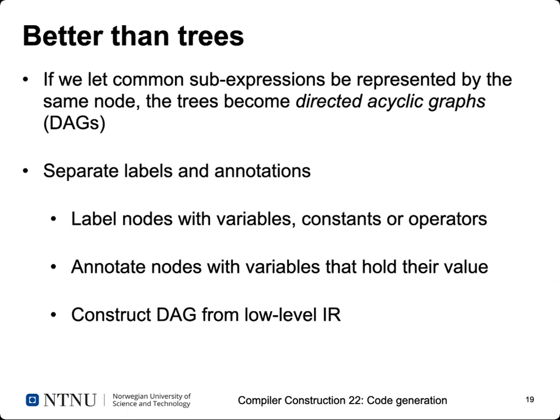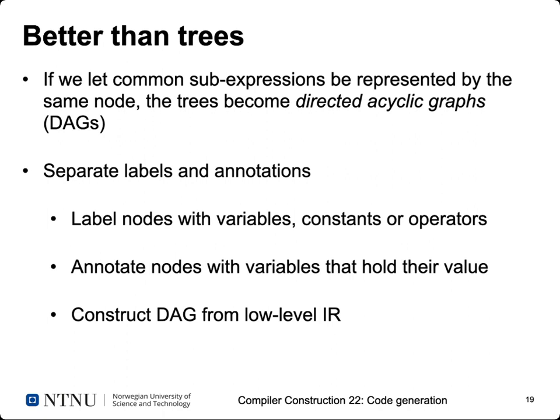Now we've already seen that trees themselves are a good way to represent your code structure or your instruction organization, but we have already seen a better way, and this better way is actually used to eliminate common subexpressions, and we have already seen how to do this.